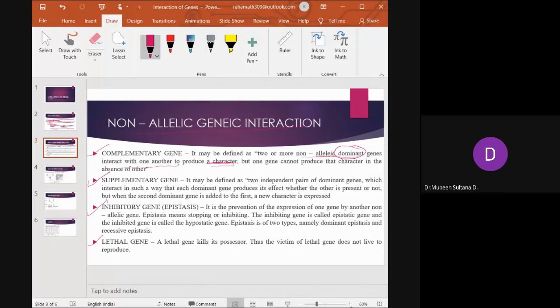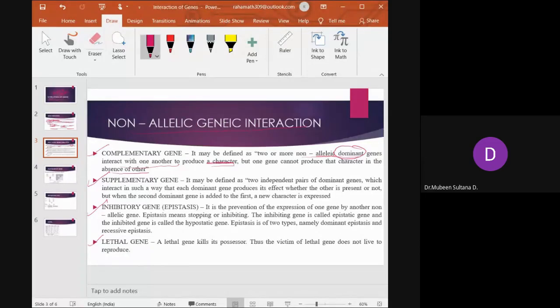But one gene cannot produce the character in the absence of the other. It is like complementing. The word itself will give you the understanding. These genes complement each other. They both will represent a character only when they both are present. In the absence of one gene, that character will not be expressed. That is what is called complementary gene.